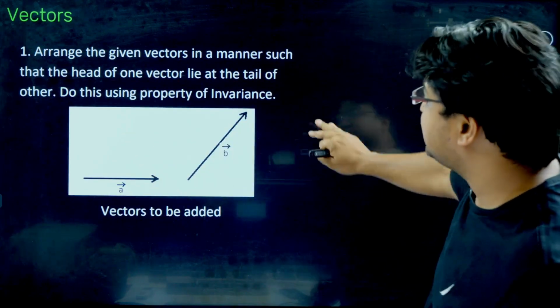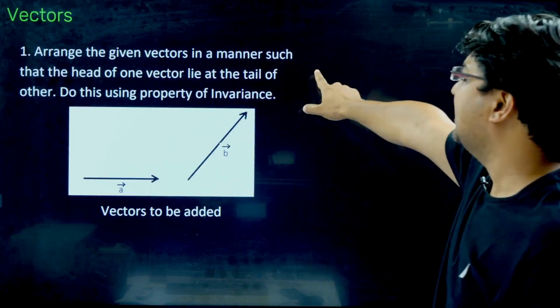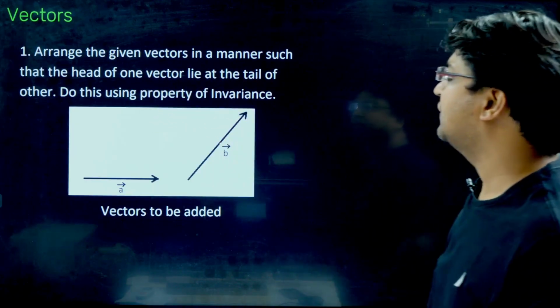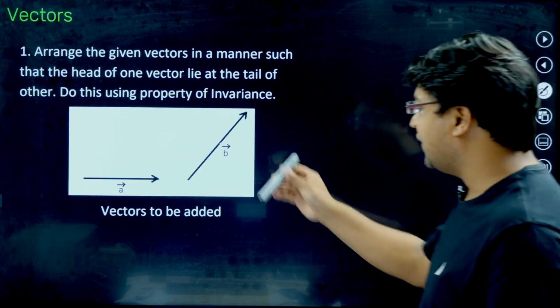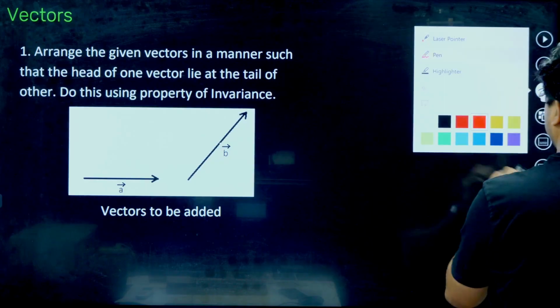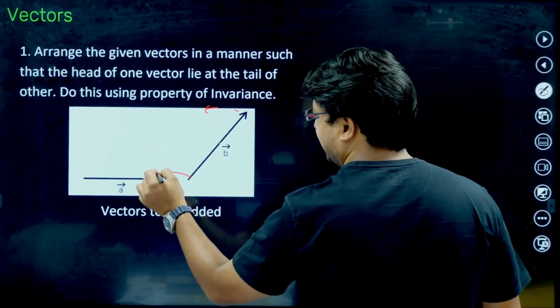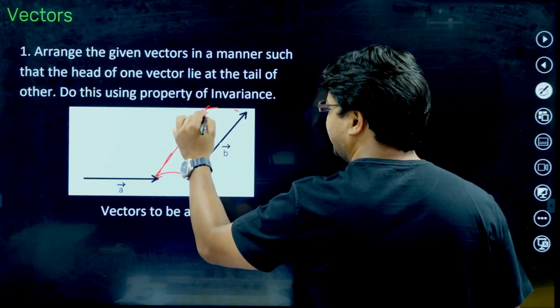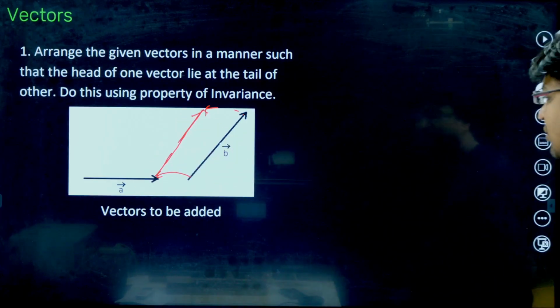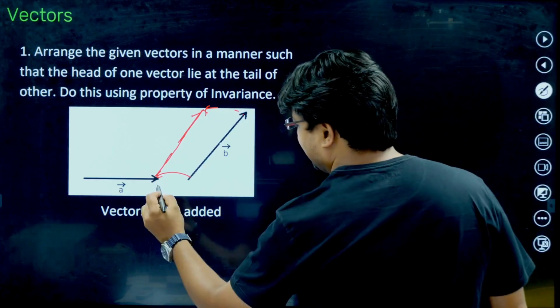So the steps are defined here. It says arrange the given vectors in a manner such that the head of one vector lies at the tail of the other. So if I simply shift the b vector here, then I would have put the tail of b on the head of a. Or else I can shift the a vector here.